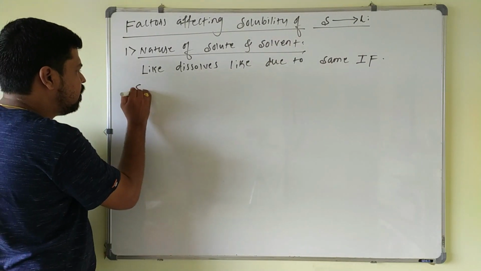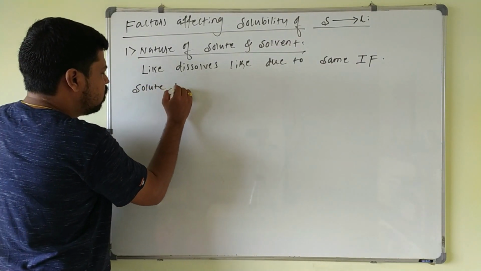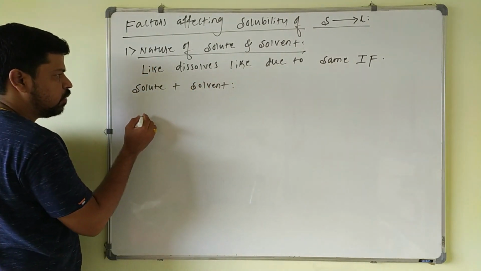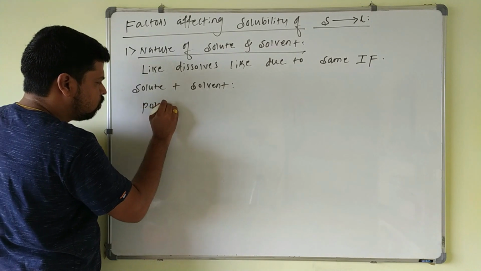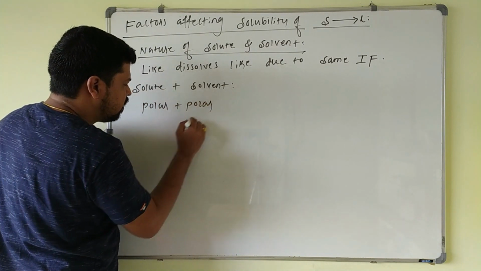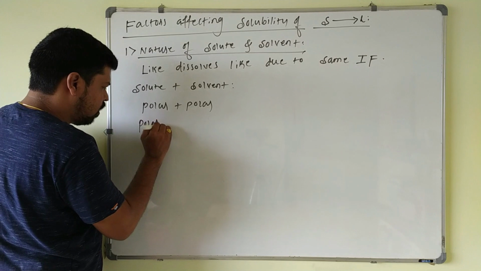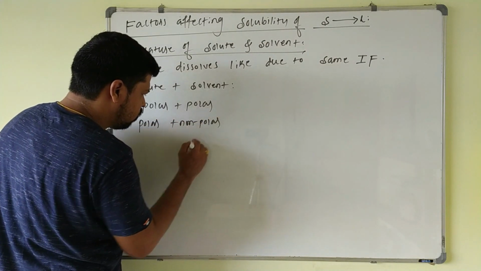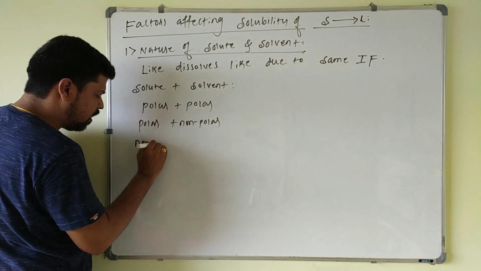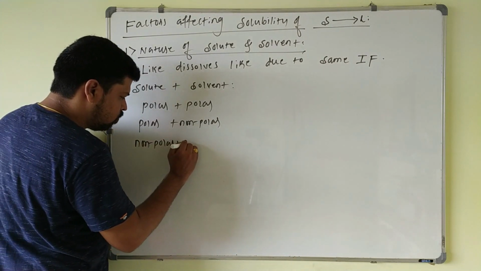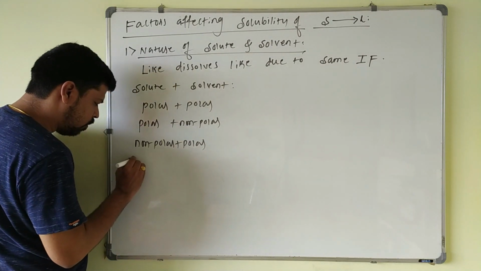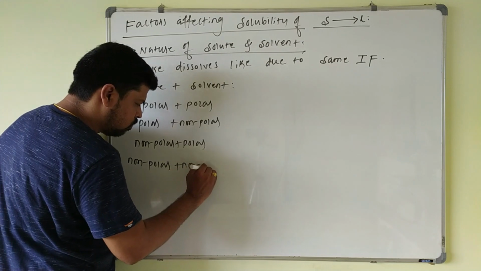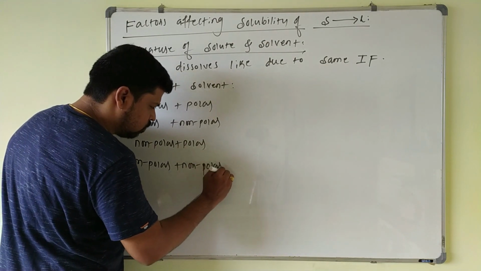We will take different possibilities, that is solute plus solvent. Okay, so in this one we will take polar plus polar, both are polar. Next polar plus non-polar, non-polar plus polar, non-polar plus non-polar.